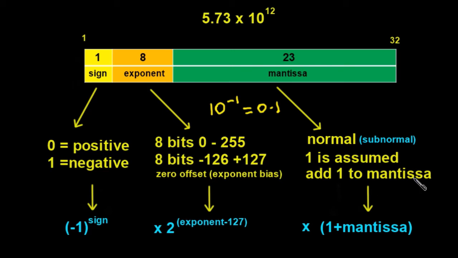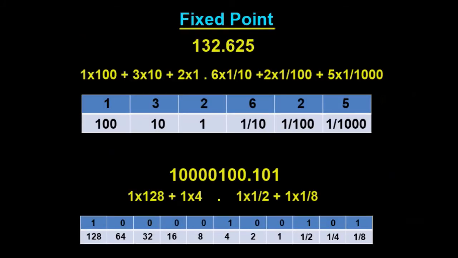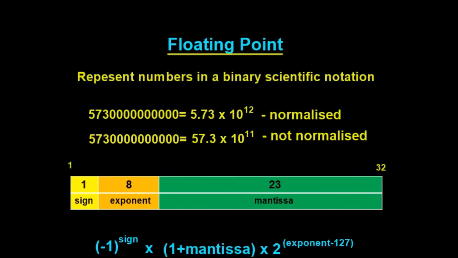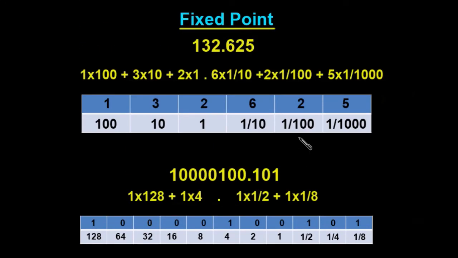Now the Mantissa is going to be represented by the binary equivalent of the decimal terms here, in the same way that we did on the previous page, where we represented the fixed point numbers, in terms of the fractional part of the binary representation.